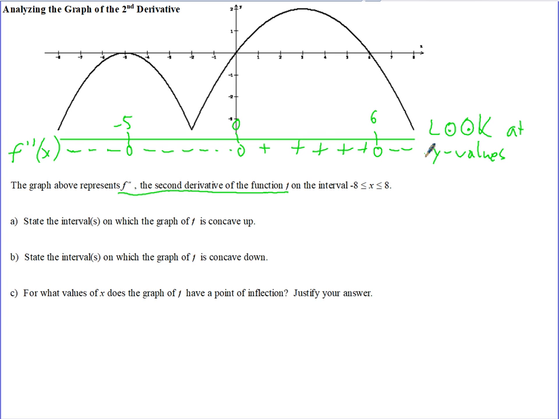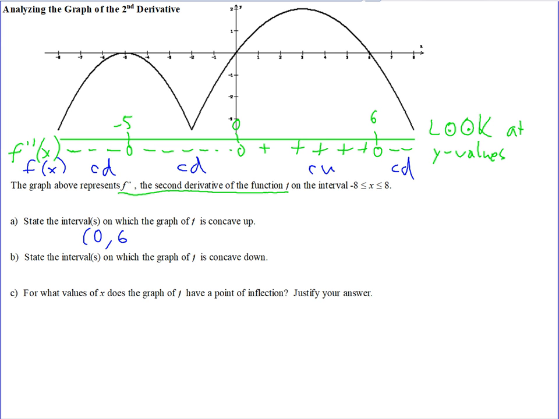So it's again above or below the x-axis. And this tells us that for f of x, when the second derivative is negative, it's concave down, still negative concave down, positive concave up, negative concave down. So where f is concave up, there's only one interval, from 0 to 6.